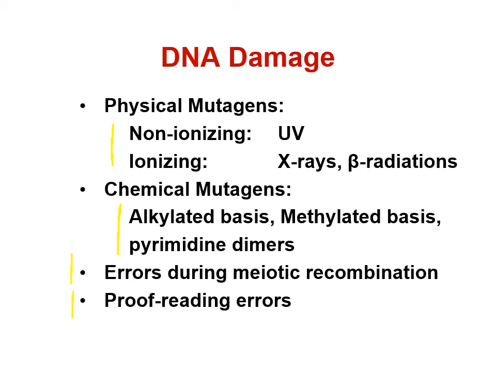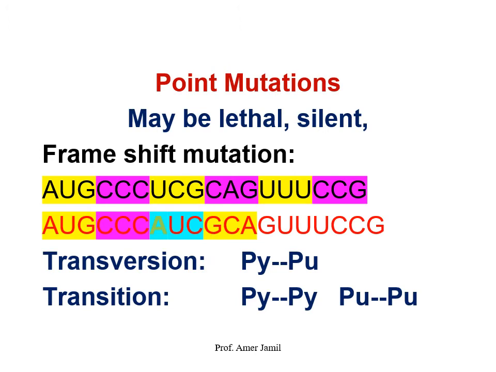So why we need to discuss this is because if this mutation is left as such, it may lead to some lethal side effect or it may be lethal for the cell or even for the organism. You might have heard of many genetic diseases where only a single nucleotide change can cause so much problem for the patient.